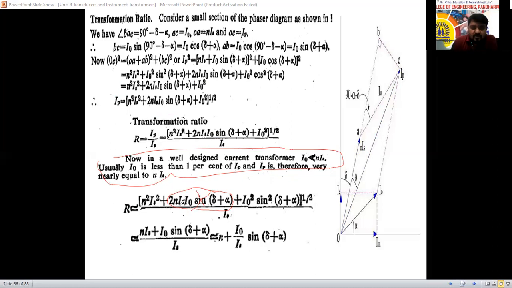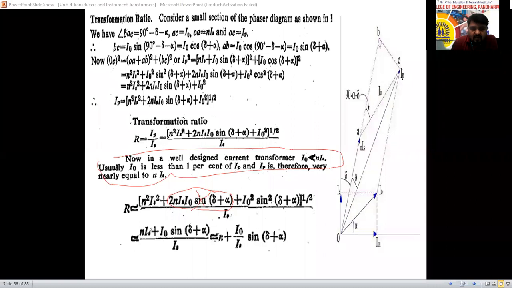Now here, square root of n square is n. Square root of I_s square is I_s. Square root of I naught square is I naught. Square root of sine square theta is sine theta only. So sine delta plus alpha we have written, and I_s as it is.